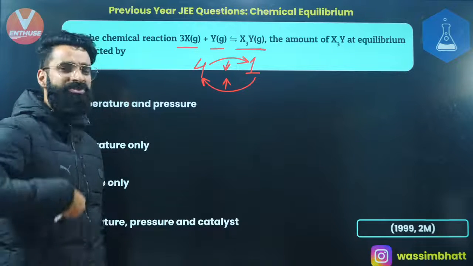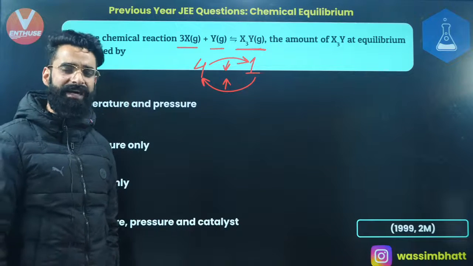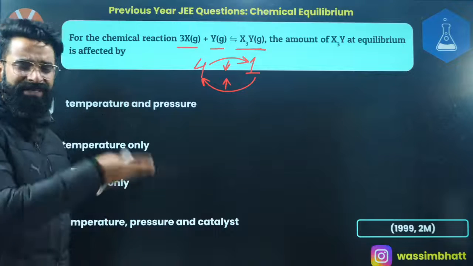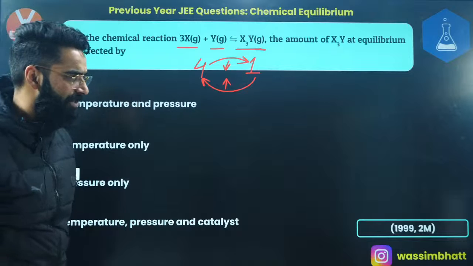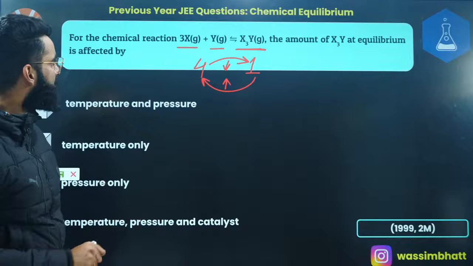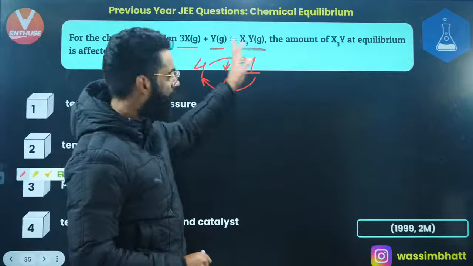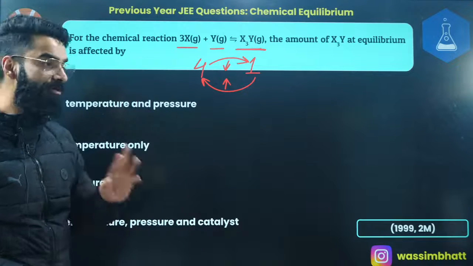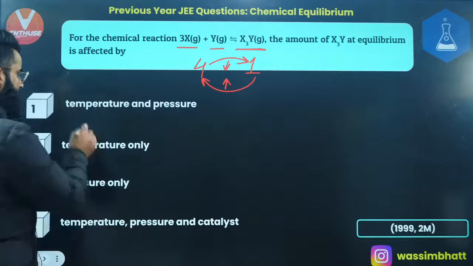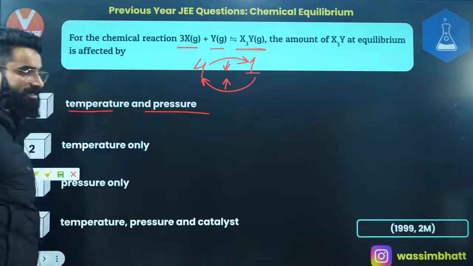So on changing the temperature, the equilibrium constant will change, and that simply means the equilibrium concentrations of reactants and products are changing. So the amounts of reactants as well as products will change on changing the pressure as well as temperature. So temperature and pressure, this is going to be the answer.